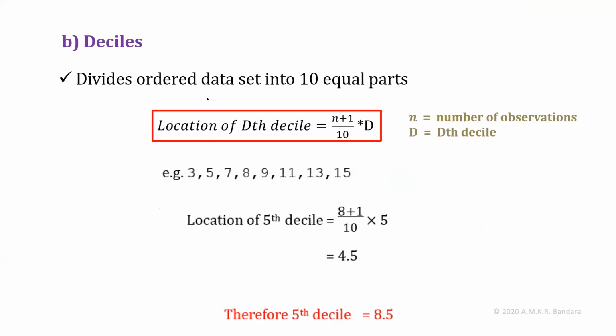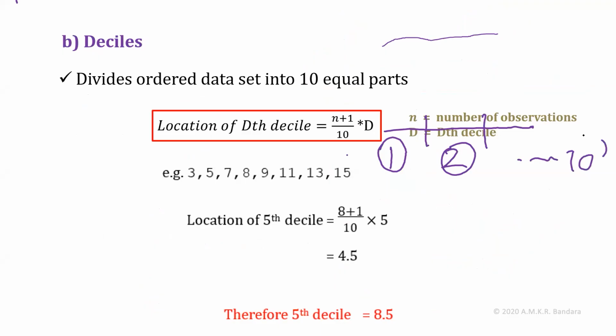Decile. Like percentile divides the dataset into 100 equal parts, deciles divide the dataset into 10 equal parts. This is the first part, this is the second part, likewise 10 equal parts.